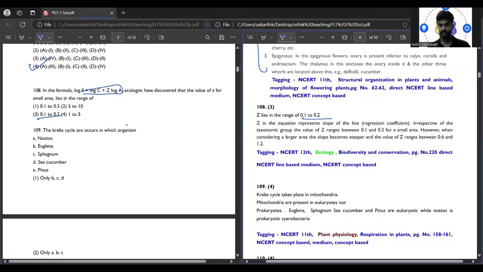Let me check. Yeah, 0.1 to 0.2. That is because Z represents the slope of the line irrespective of the taxonomic group.